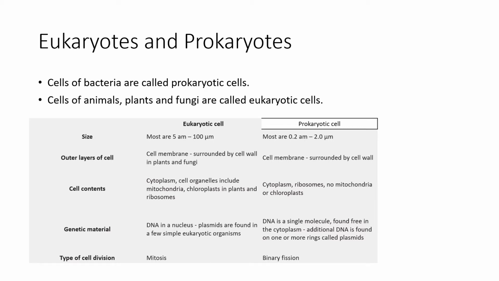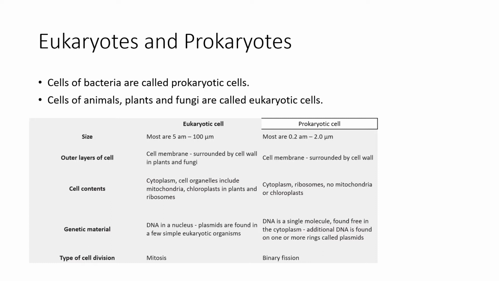On the other hand, for prokaryotic cell, it's usually 0.2 to 2 micrometers. So that means that eukaryotic cells are much larger than prokaryotic cells, mainly because prokaryotic cells are mainly single-celled organisms.